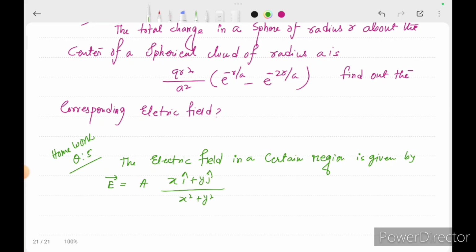It means the electric field is given in the Cartesian coordinate system, where a is a constant.